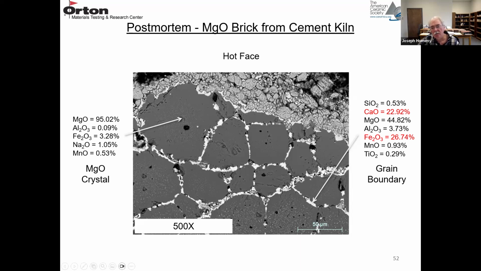The lime from the clinker has penetrated into the grain boundaries at a pretty high level, 23%. So if you look right at the hot face, like this crystal here, you can see how this was probably much larger. It's been dissolved away, and you can see how it's attacking the crystals along the hot face.